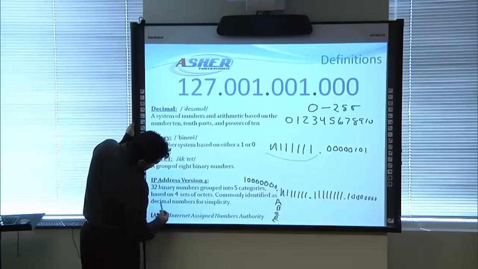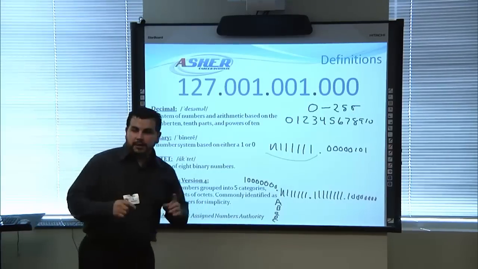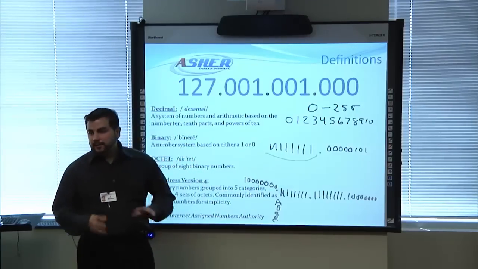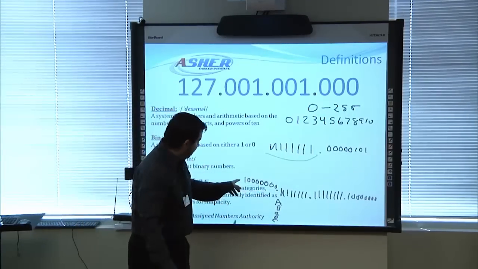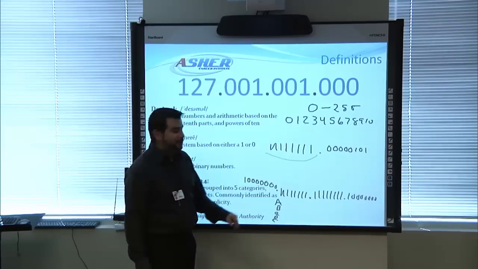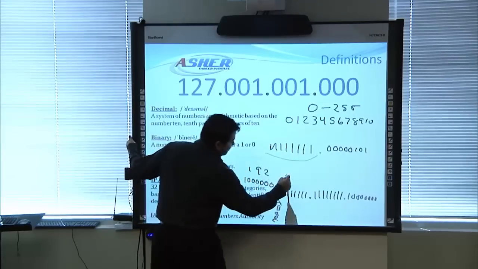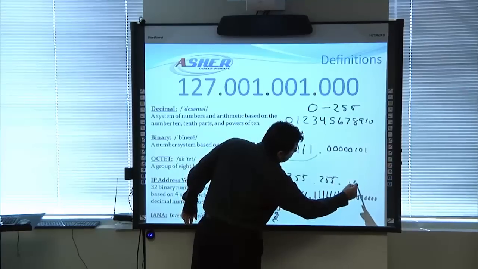Commonly identified as decimal numbers for simplicity. Because computers think in ones and zeros, computers can see this just fine. They know exactly what that is. But us, we have a harder problem trying to read, or even just tell you, hey, number 1000000. For us, it'd be easier to say 192.255.255.192.